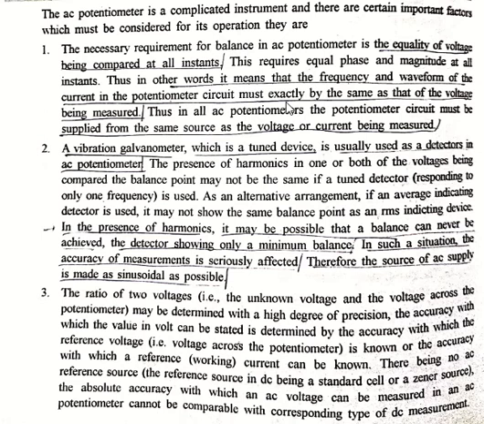Now, the second factor for consideration is what kind of galvanometer we are using for the balancing. A vibration galvanometer, which is a tuned device, is usually used as a detector in AC potentiometers.